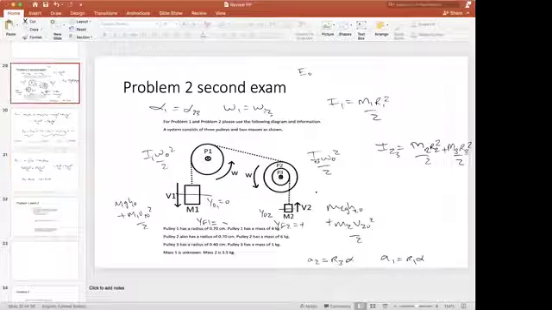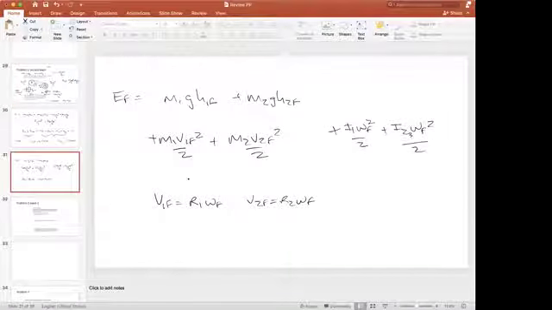They're different because in order for this to turn at a constant alpha, the velocities at each point will be different, and the accelerations at each point will be different. So plugging those in for this, you'll get everything in terms of omega f.